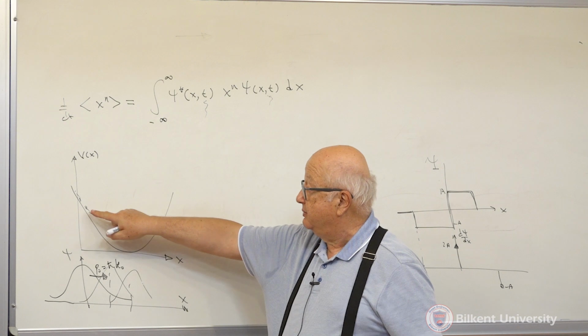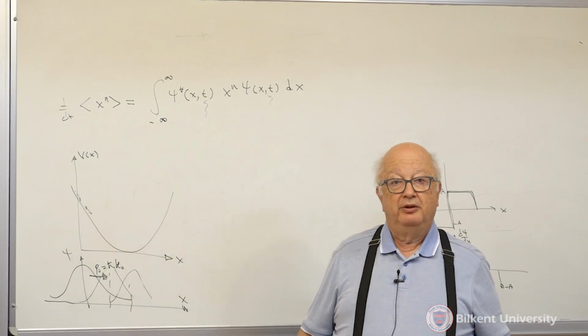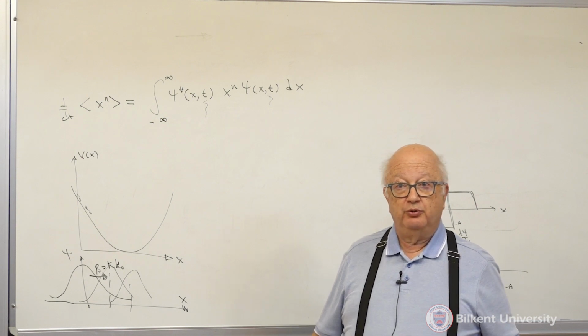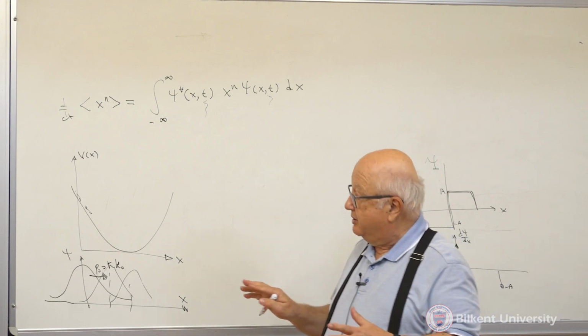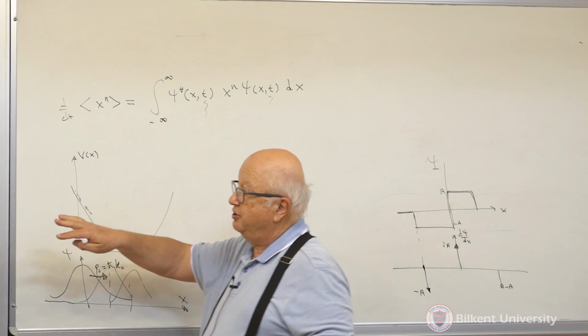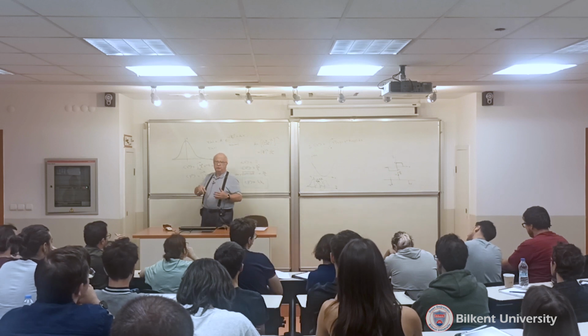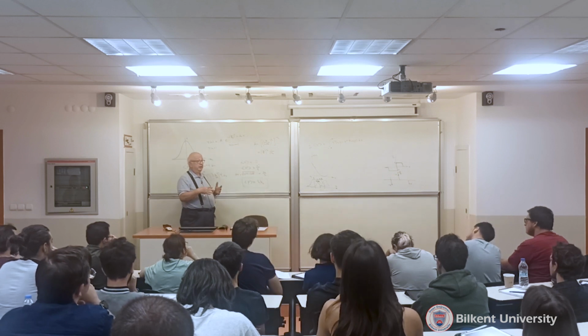In fact, I expect this momentum to increase also because it's going to be going downhill, right? So its momentum is going to increase. But how the momentum changes in time and how the average position changes in time require information about the total energy, the Hamiltonian.